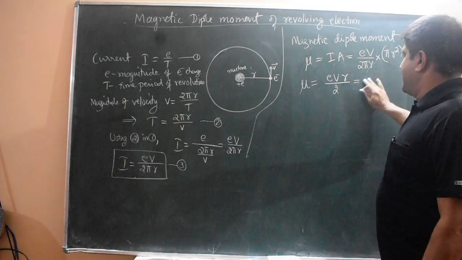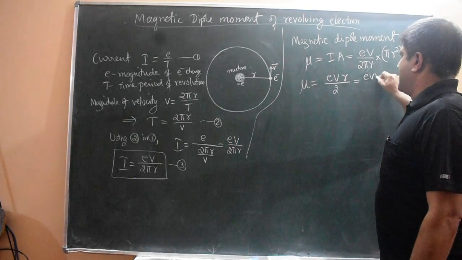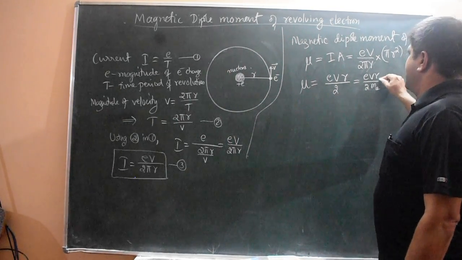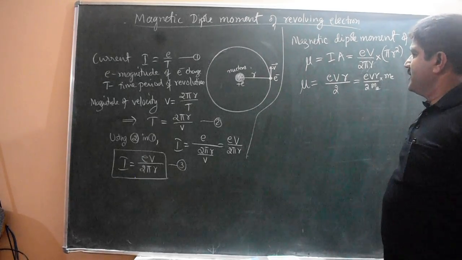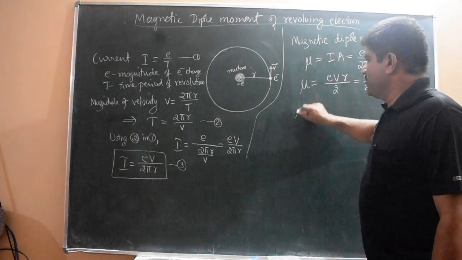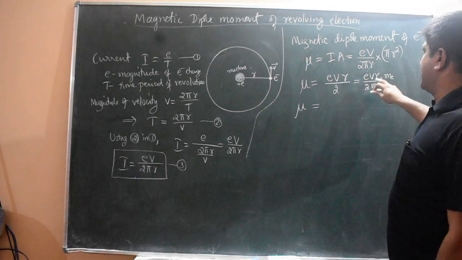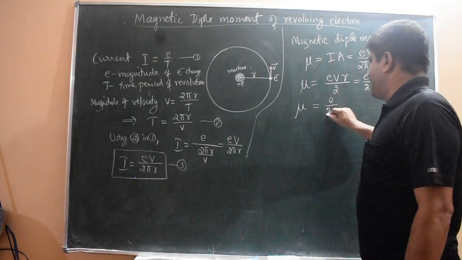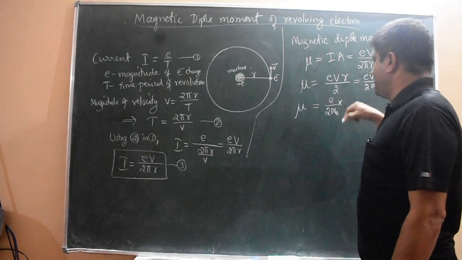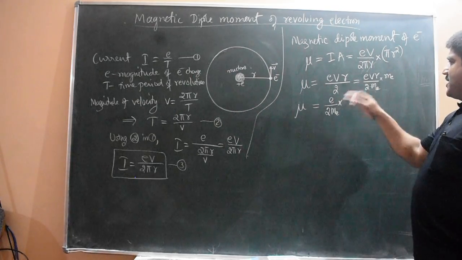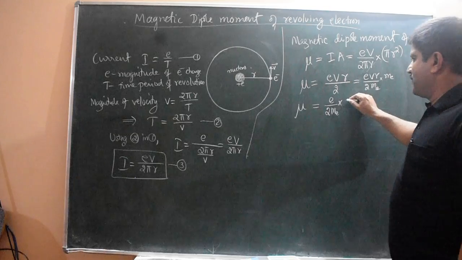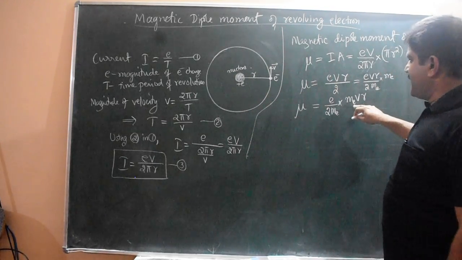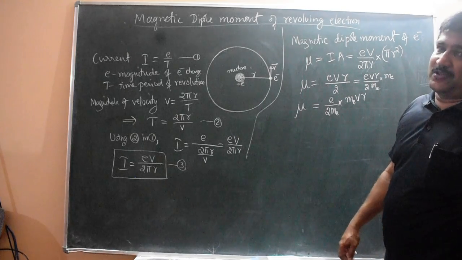So I write e v r divided by 2 m_e, times m_e. Then I can also write mu equal to, taking e as a constant out, e by 2 m_e into m_e v r. m_e stands for the mass of the electron.